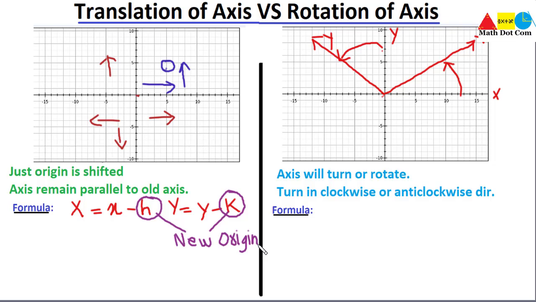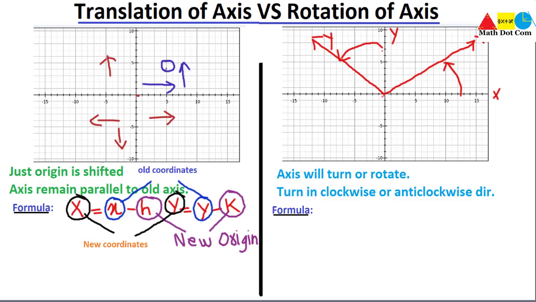So I'll label them as this X and this Y. Capital X and capital Y are the new coordinates after translation of axis, and small x and small y are basically the old coordinates when the translation has not occurred. At that time the coordinates of the axis are basically the small x and small y. So this is what the formula of translation of axis is.